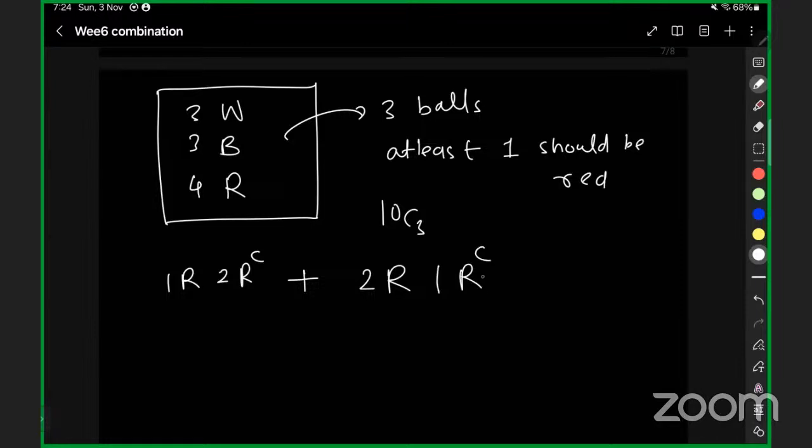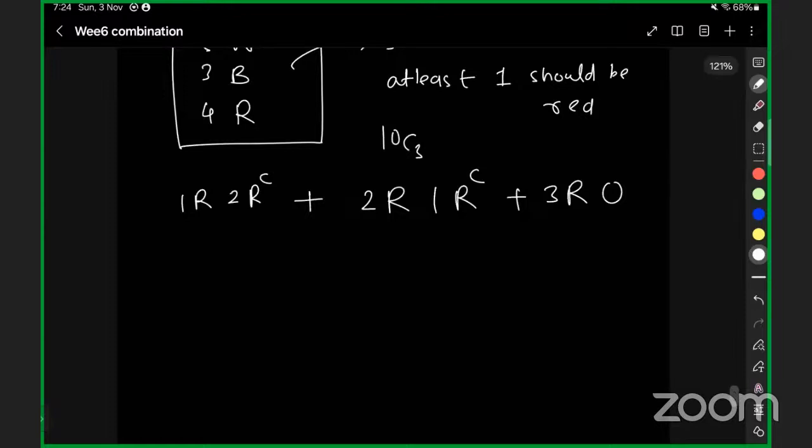I'm writing C as R complement. Another case, you can have 3 red and none of the others. So none of them is also a possibility. So these 3 cases are forming and you have to solve them.